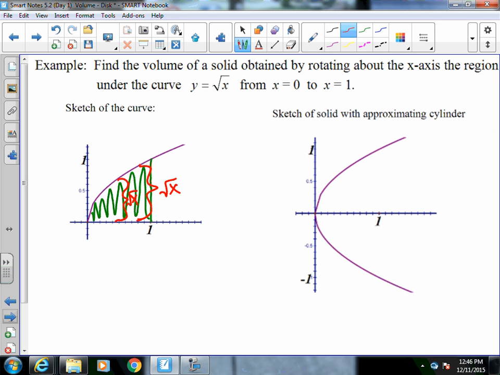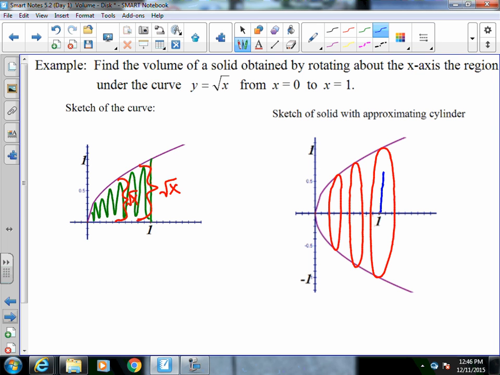Now, if we rotate it around the x-axis, we end up with a three-dimensional figure. If we were to slice it, each slice would be a circle with some thickness, a very small cylinder.